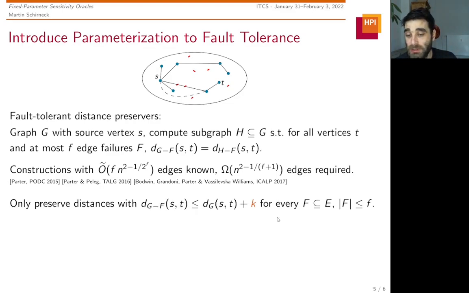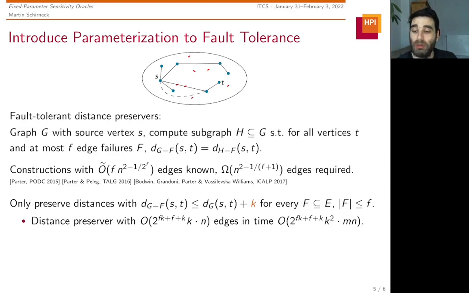But what happens if you only care about those distances that do not get disturbed by too much, in the sense that for any set of at most f failures, you at most get an additive term of k. So we only care about distances that do not get perturbed by too much, and this too much is governed by this parameter k.